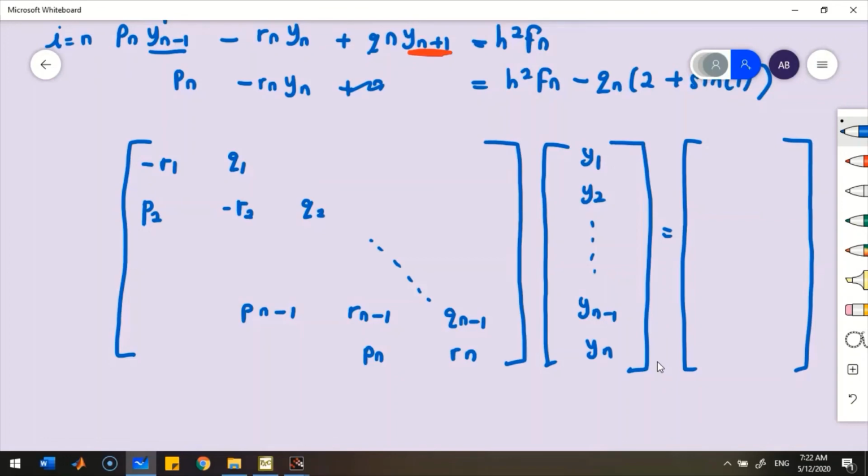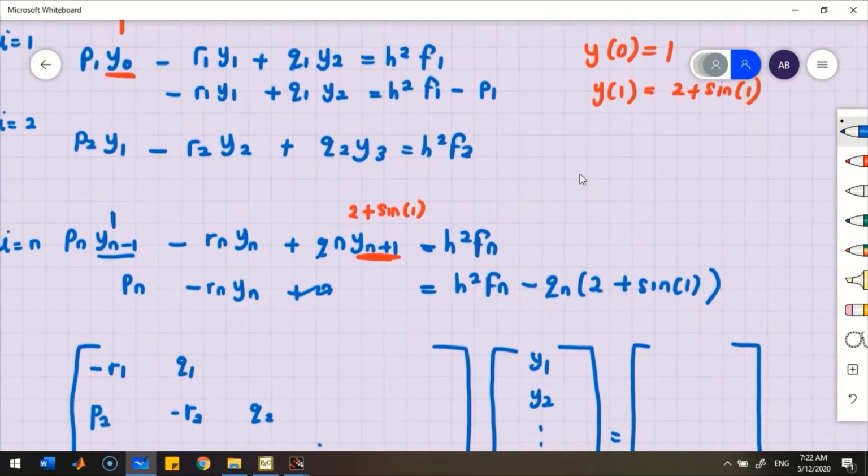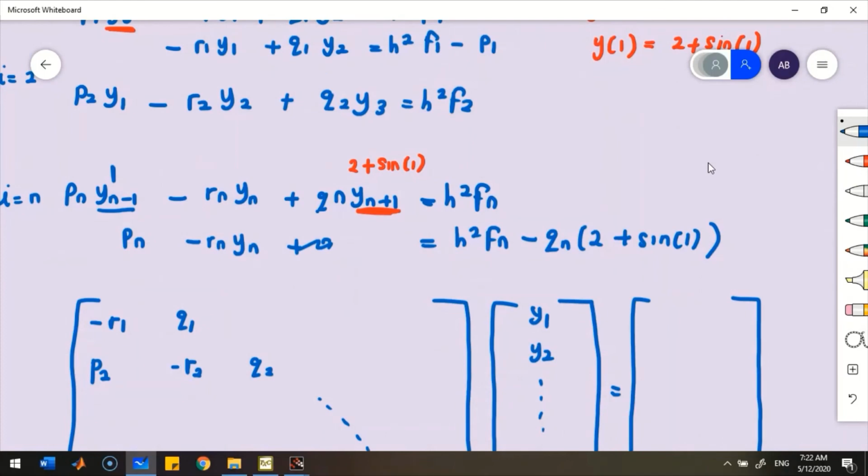If you look at the first term here, it is h squared f1 minus p1. So I have h squared f1 minus p1.